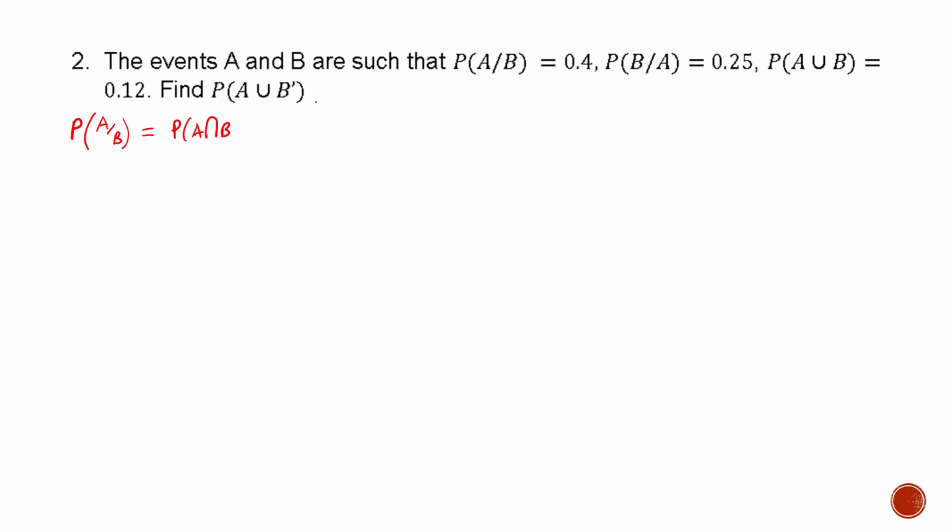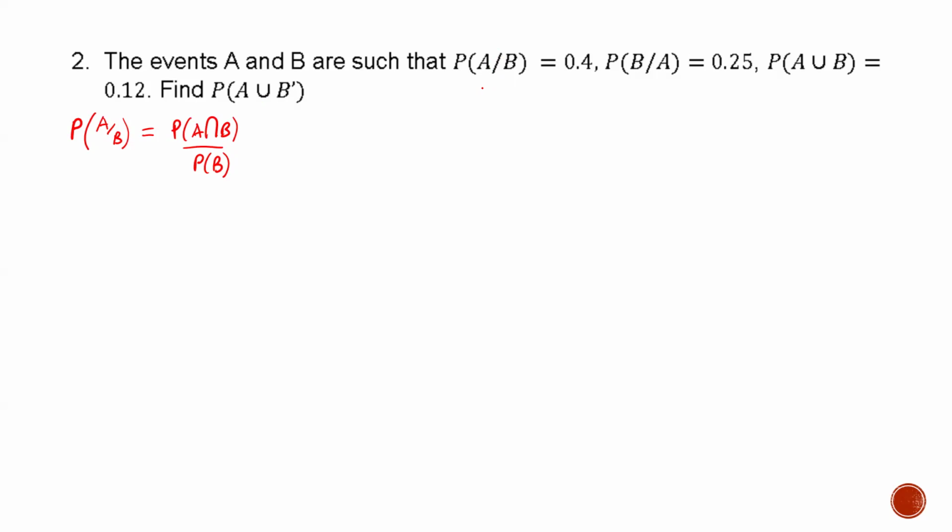When you see that symbol, slash, it's read as A given B. So probability of A given B is 0.4, probability of B given A is 0.25, probability of A union B is 0.12. Let us find the probability of A union B complement.